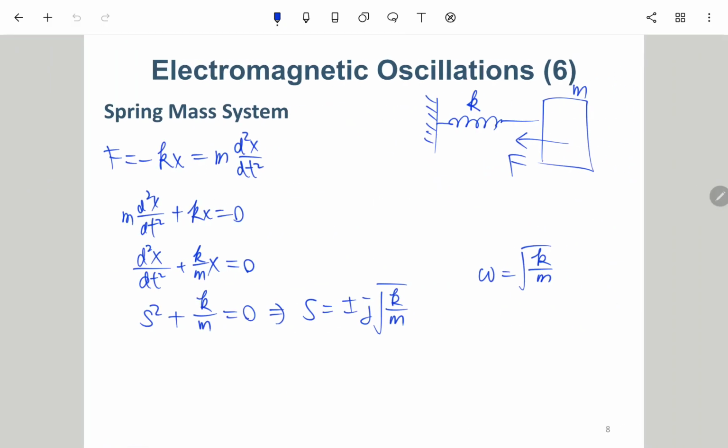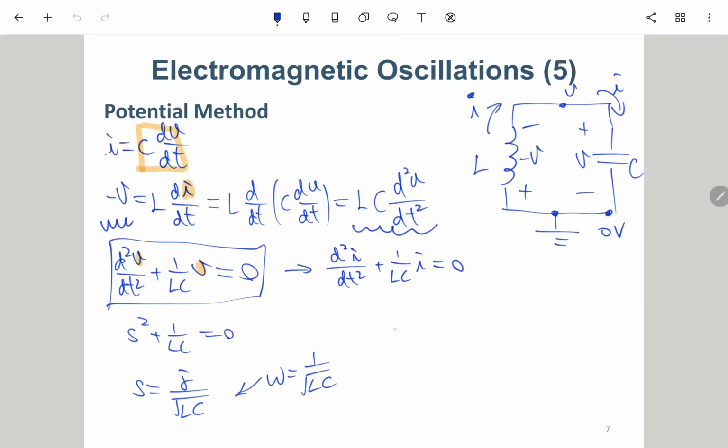You may ask why it's like that. If you still remember when we talked about how to solve the homogeneous equation, if it is a complex conjugate root, it turns out to be, for example here, v equals a cosine of omega t plus b sine omega t, where omega equals 1 over square root of LC.